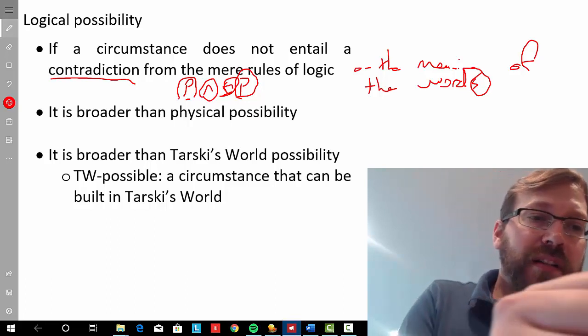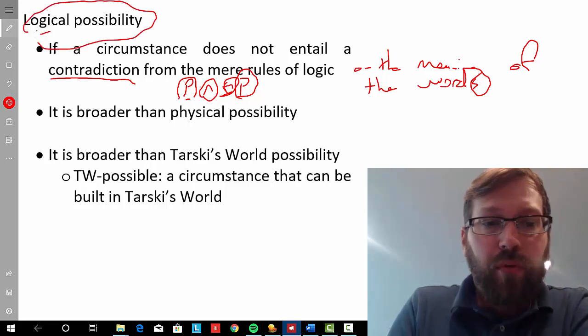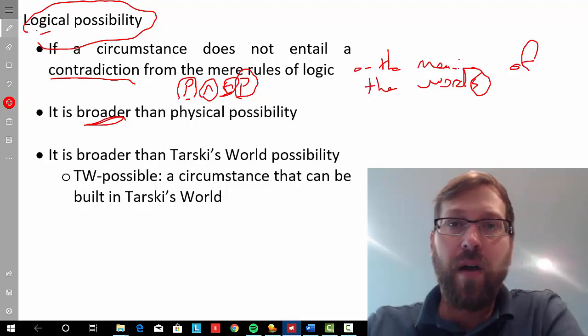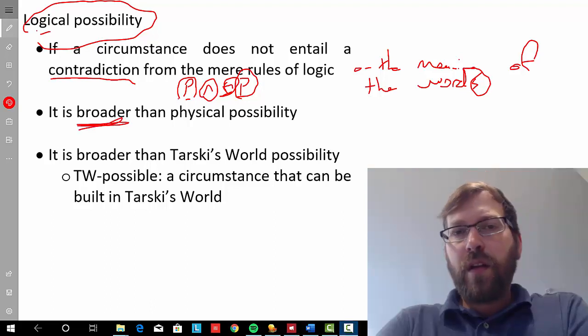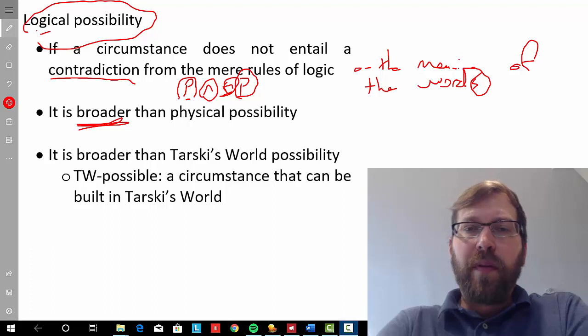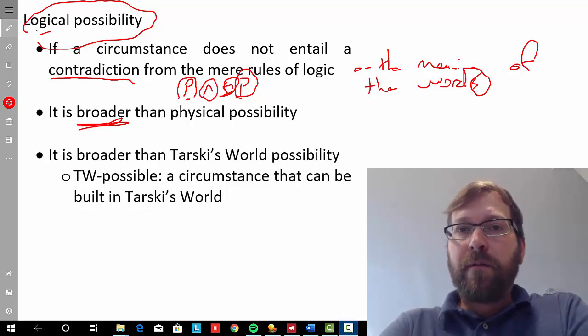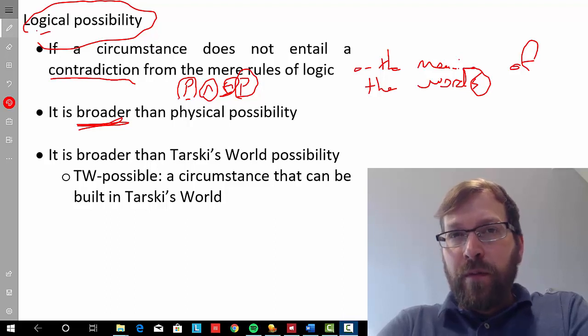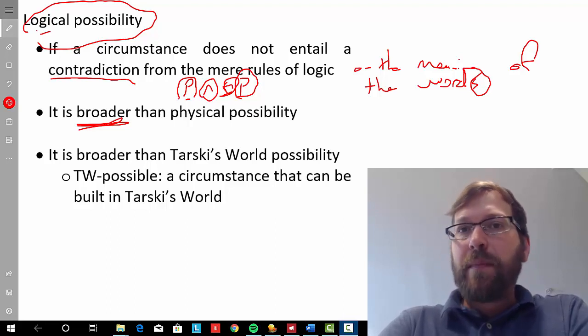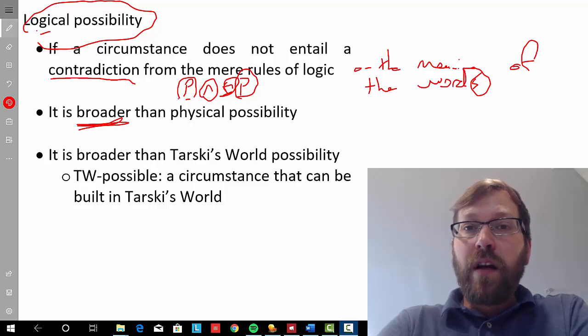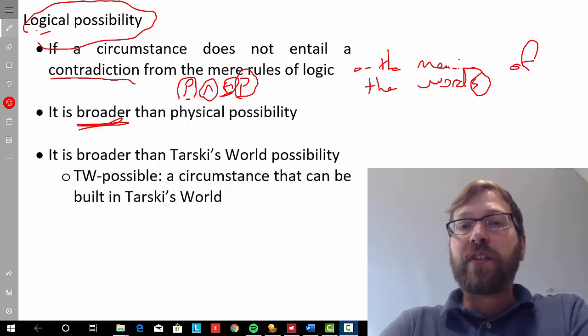Okay, so logical possibility is broader than physical possibility. What I mean by that is there will be things that are logically possible but are physically impossible. For instance, take the case of accelerating past the speed of light. That turns out to be physically impossible.